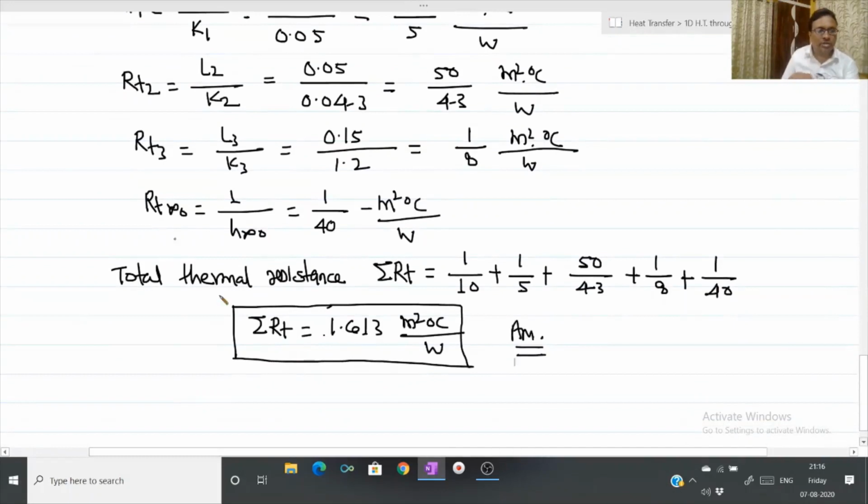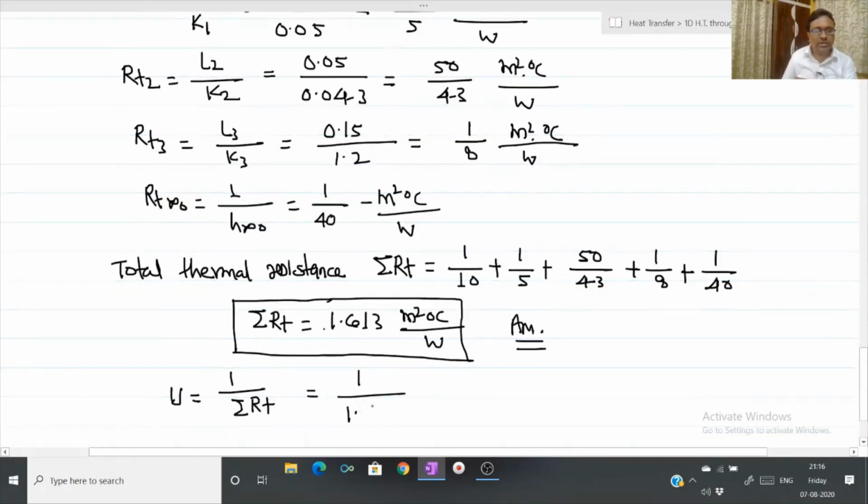Then comes U. U is nothing but 1 upon summation of RT. So it can be calculated as 1 over 1.613.